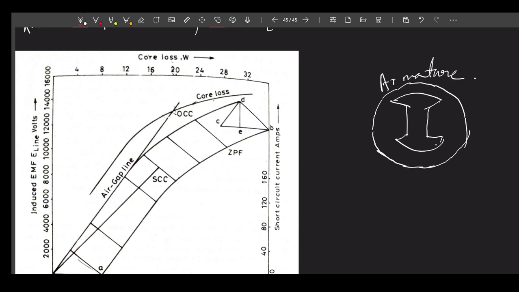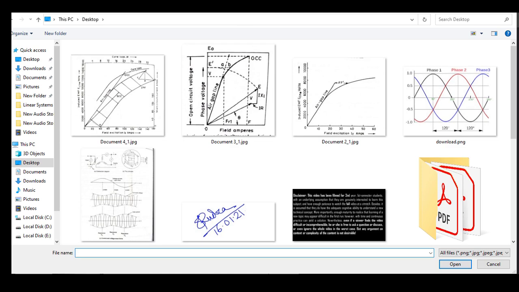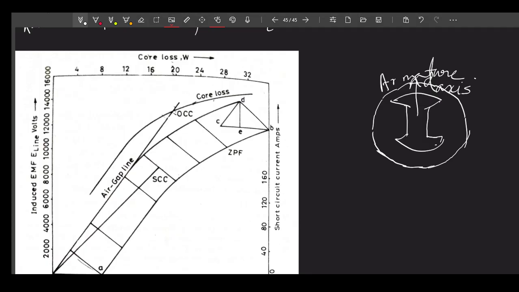Now, that armature current, if it is lagging, then as we have already studied, what will it produce? For zero power factor, this is your D axis, and this is Q axis.